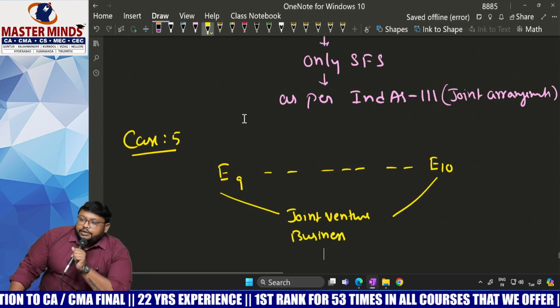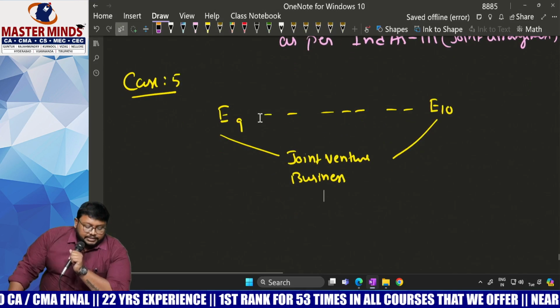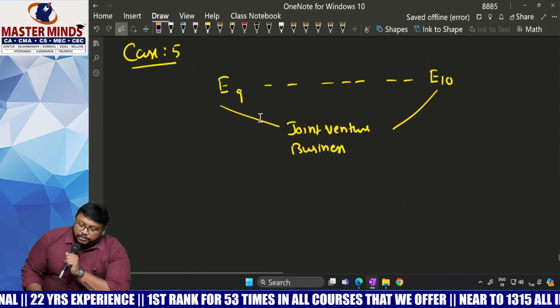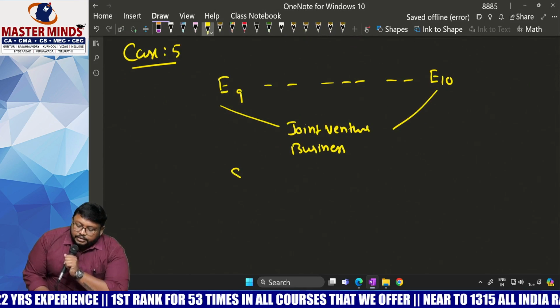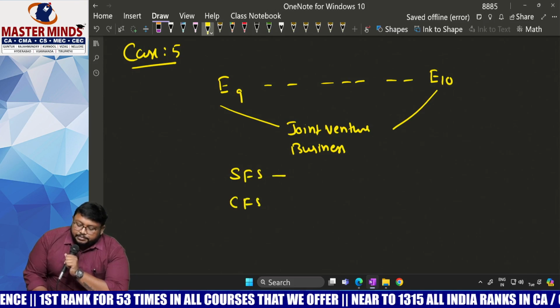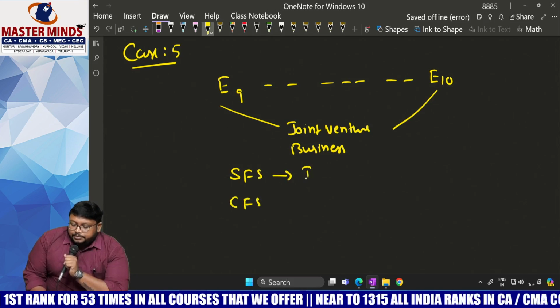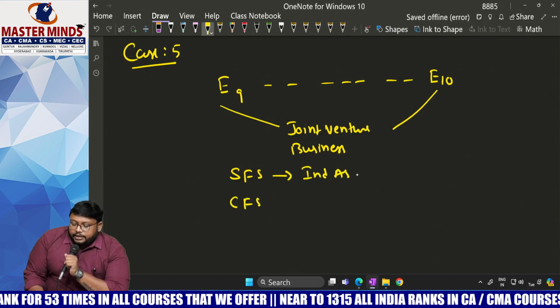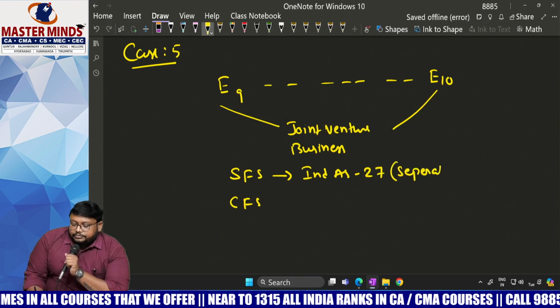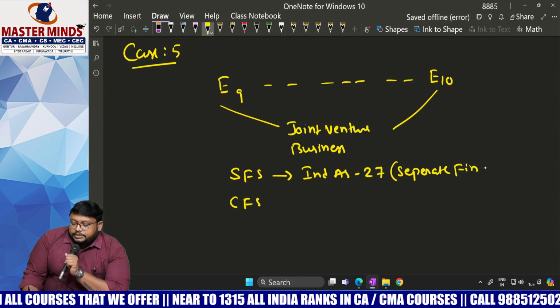They formed a joint venture company and they're doing the business. In such conditions, they have to prepare both separate financial statements and consolidated financial statements. For separate financial statements, they will follow Ind AS 27, which is separate financial statements.